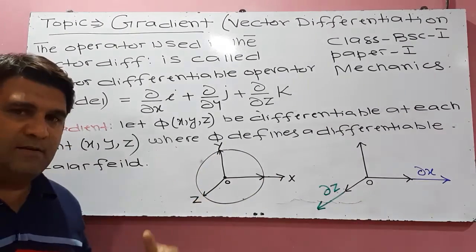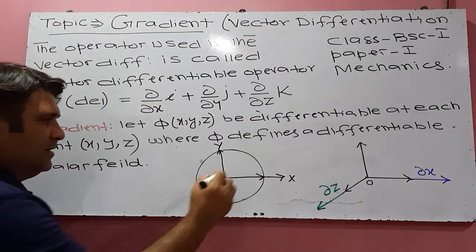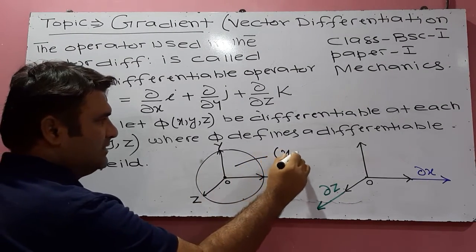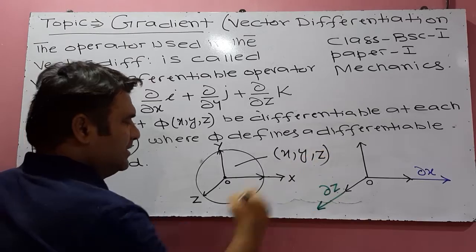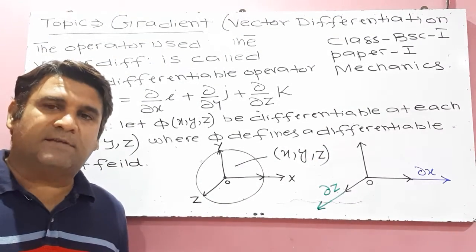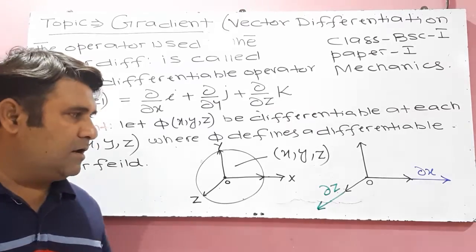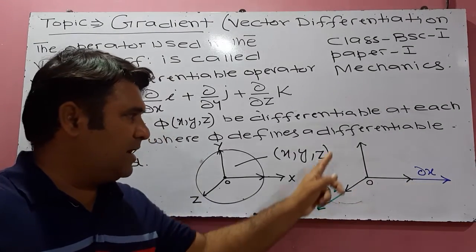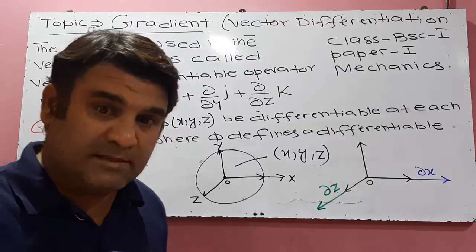So this field can be written as phi of x, y, z. But there are some changes that will take place in this field along the x-axis, along the y-axis, and along the z-axis.